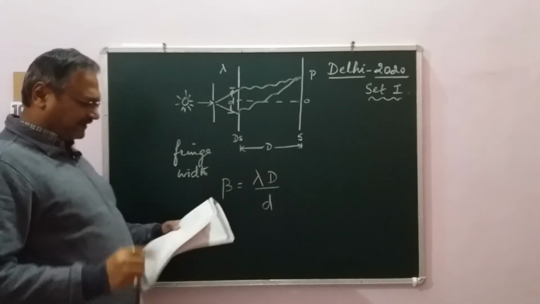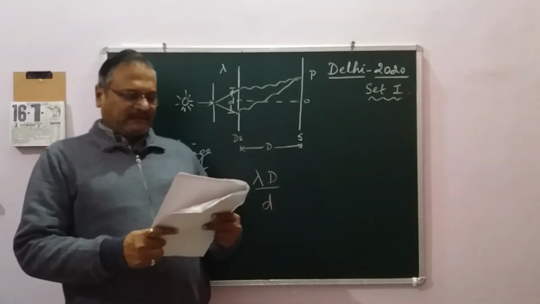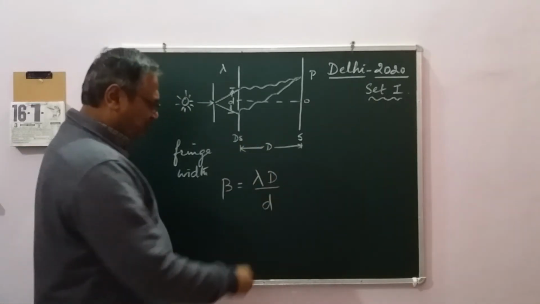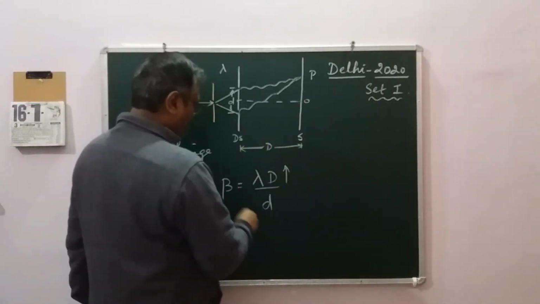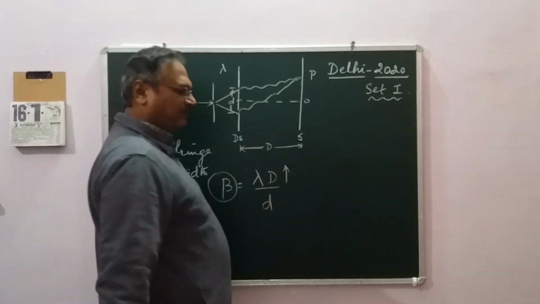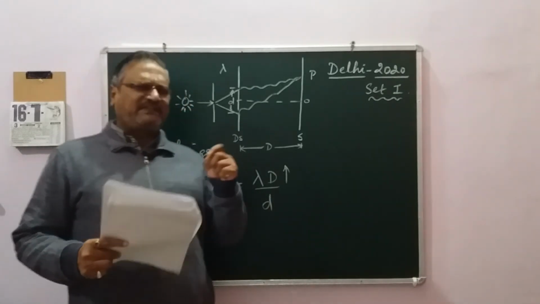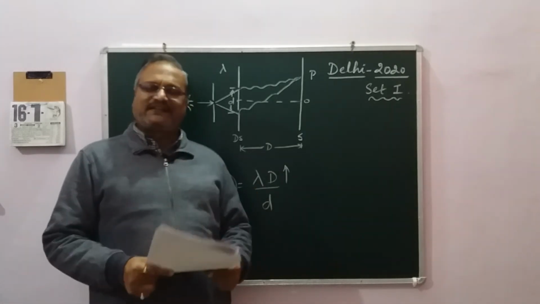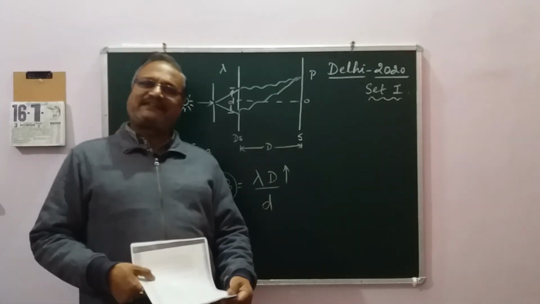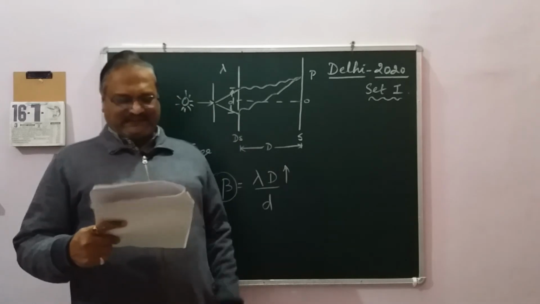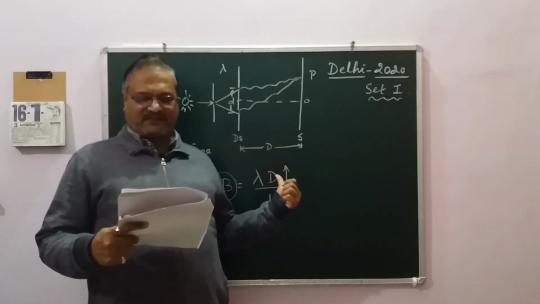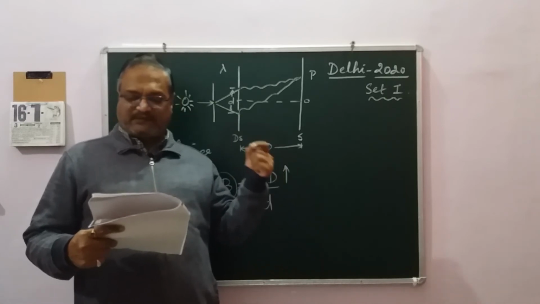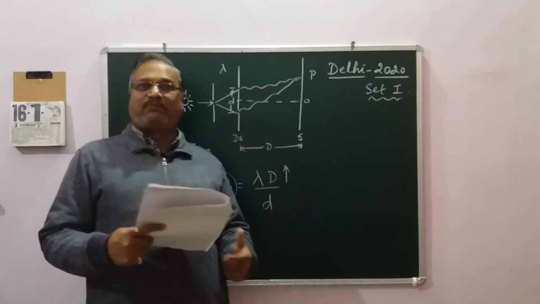Now he says that the distance D is very large. What will happen to the fringe width beta? They have given options. You can see in the NCERT textbook at the back, questions are asked, please answer them. It will be a straight line, it will be parabolic, it will be circular, it will be hyperbolic.